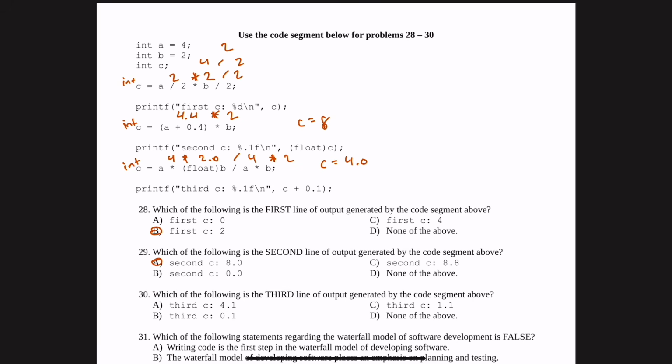Remember that c is an integer. 4.0 is a double, so we're going to make the right-hand side match the left-hand side. So c is equal to 4. Then here we're going to print out a float, and our float is going to be c plus 0.1. So 4 plus 0.1 is going to be 4.1.